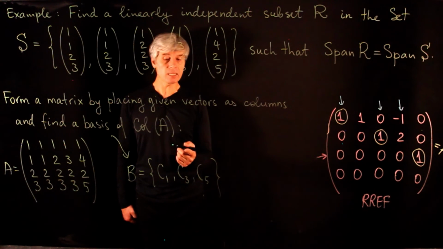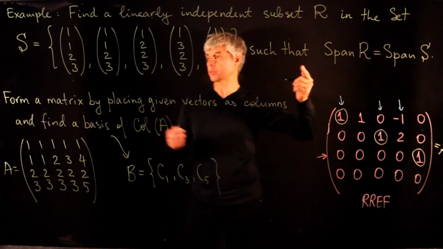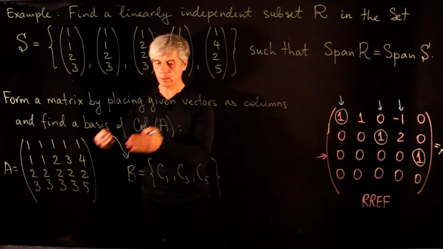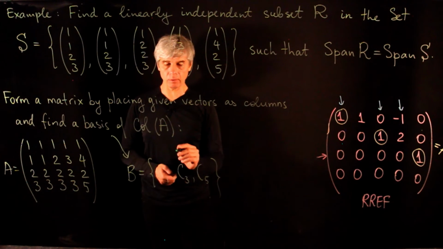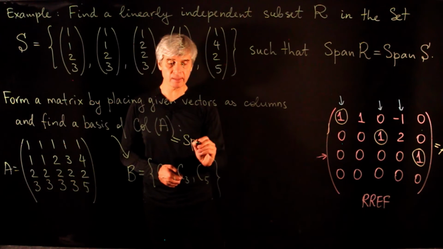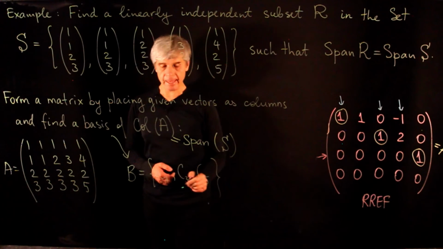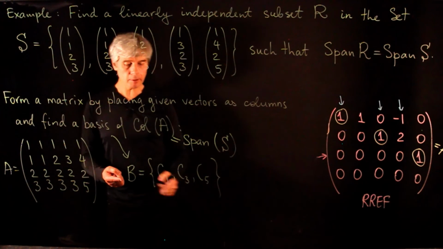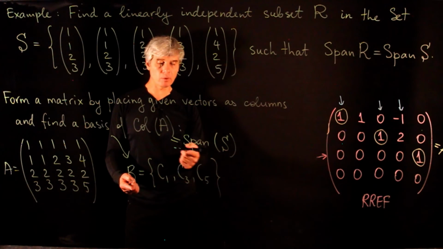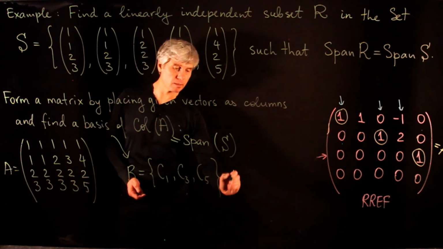And the column space of A is the span of S, right? Because if we place these vectors as columns to form a matrix, then the span automatically becomes the column space of A. So the column space of A is the same as the span of the set S. And here our algorithm tells us how to obtain the basis of the column space of A. So this means that, or maybe I should call this R, right?